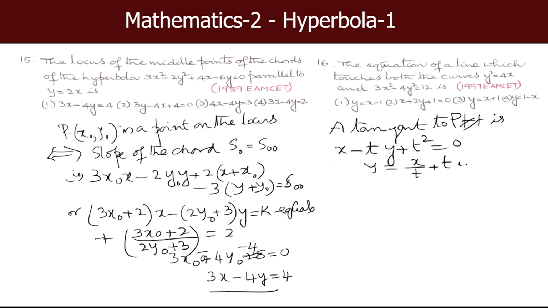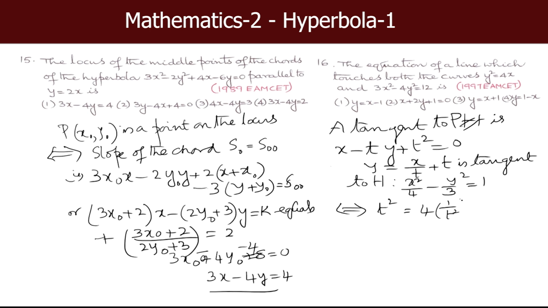It is tangent to the hyperbola h, x square by 4 minus y square by 3 equal to 1, if and only if c square, that is t square, a square is 4, m square is 1 by t square, minus b square 3, or if and only if t power 4 plus 3t square minus 4 equal to 0.